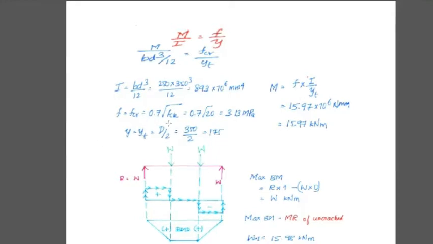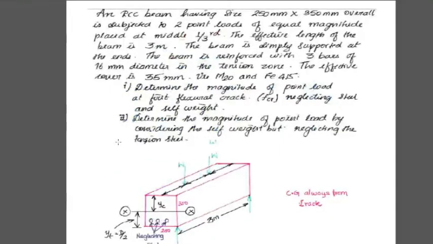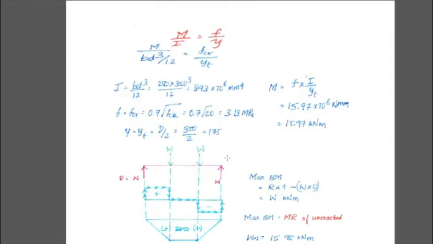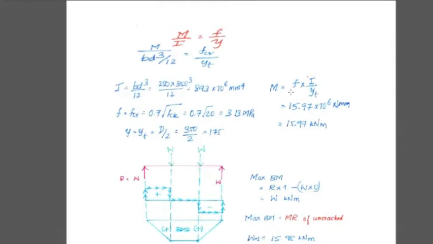And y, since it is a rectangular section, is nothing but total depth by 2. So 350 by 2, which is equal to 175. Substituting all the values here, we get the total moment as 15.97 kilonewton meter.